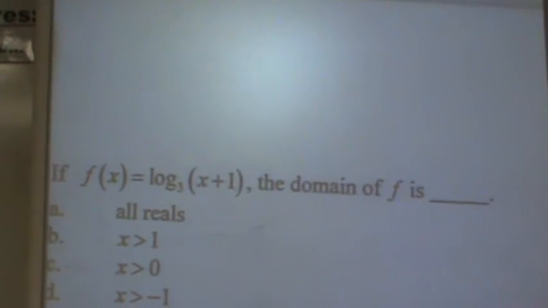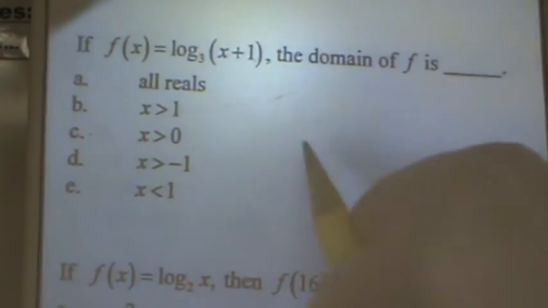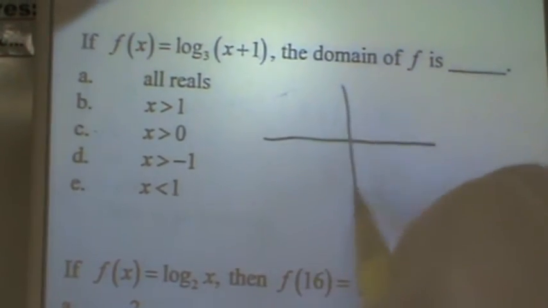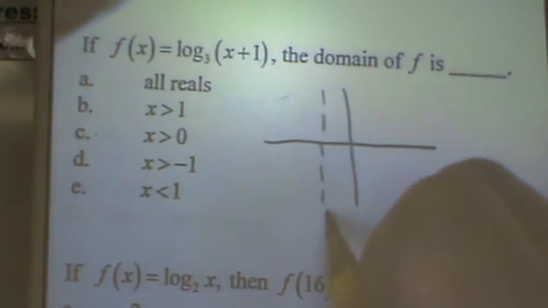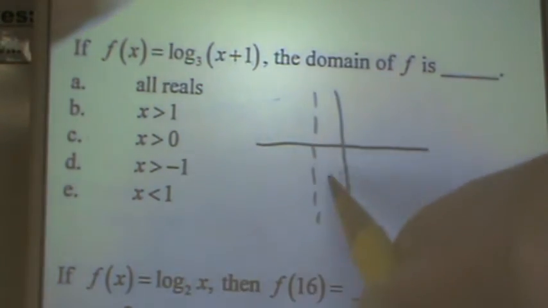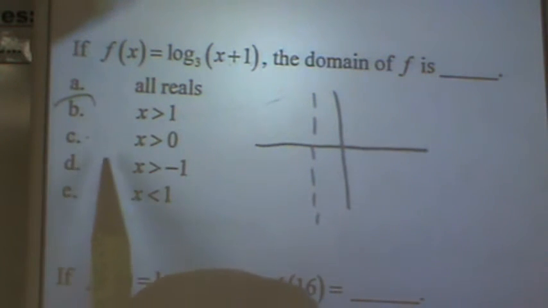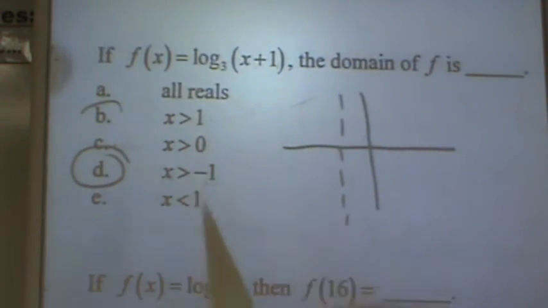Keeping that in mind, you're going to have an asymptote for this one at x equals -1, like that. And so your domain is going to be x is greater than -1. Sorry, this one. X is greater than -1.